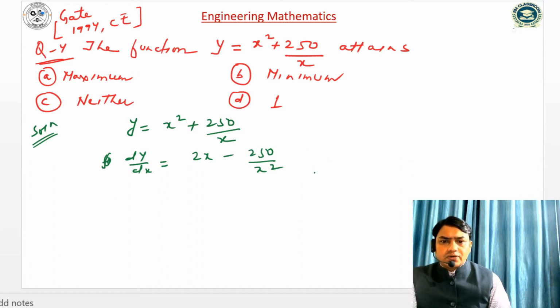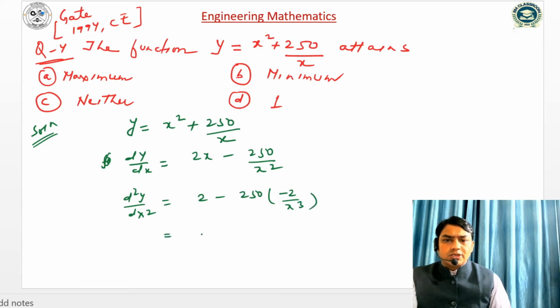For the stationary point we have to compute d2y by dx square, that is 2 minus 250 into minus 2 by x cube. So it will be 2 plus 500 by x cube.